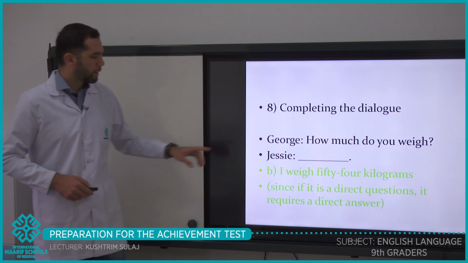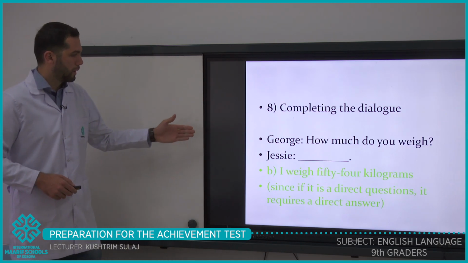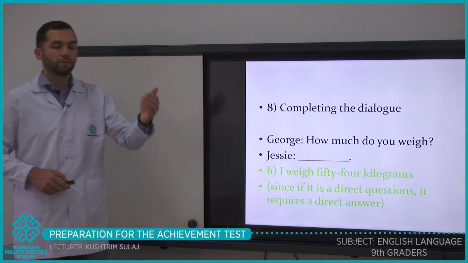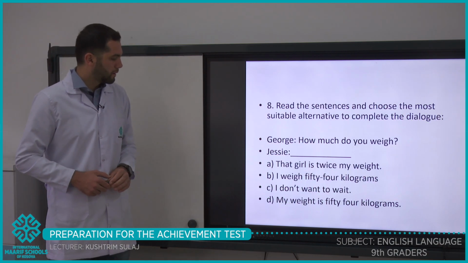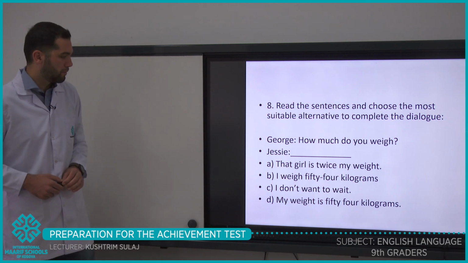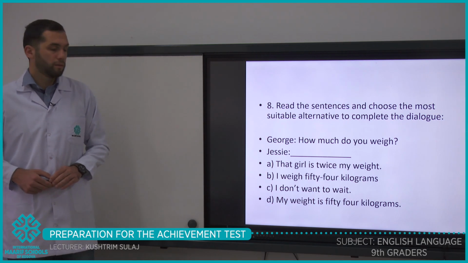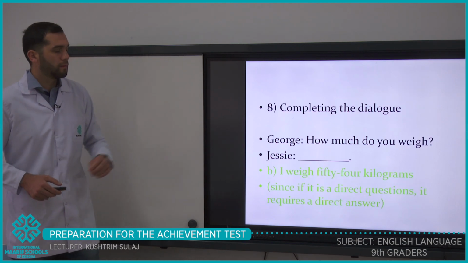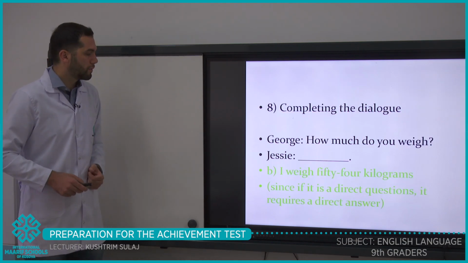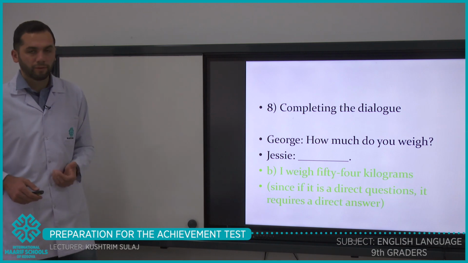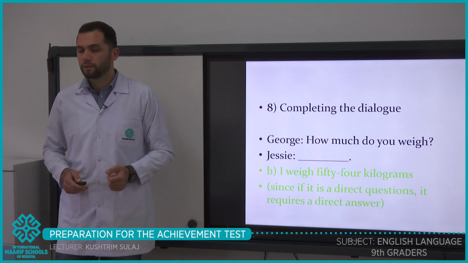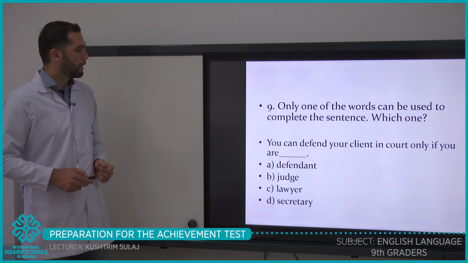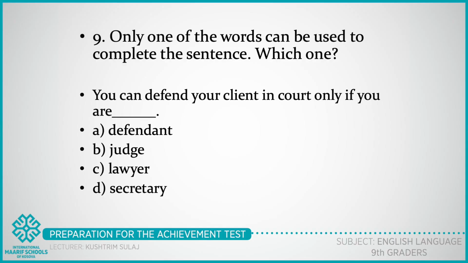I put it here, a direct question, because he's asking her, how much do you weigh? And sometimes it could be D, my weight is 54 kilograms, but since it's a direct question, you have to say, I weigh 54 kilograms. Good. Let's go to number 9.